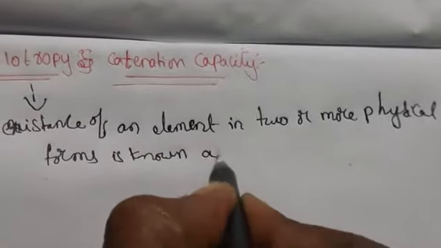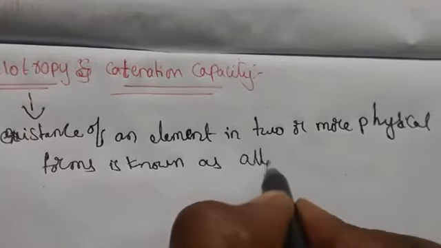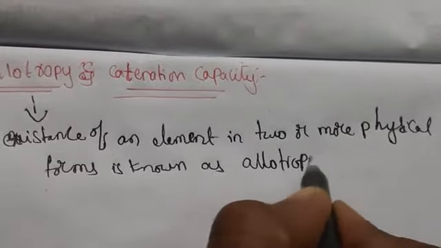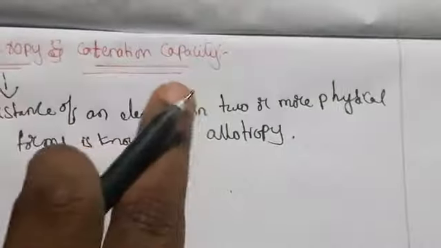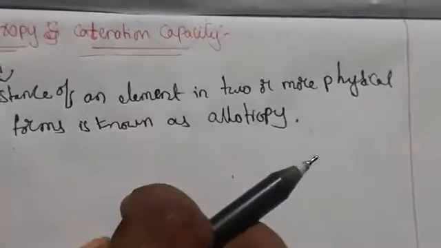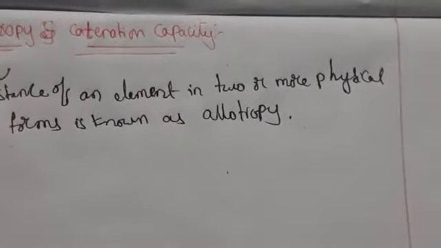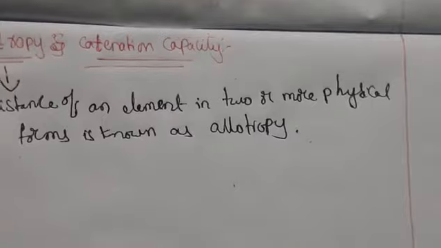Whatever element you are taking, it will exist in two or more physical forms, meaning different physical forms. That we call allotropy.